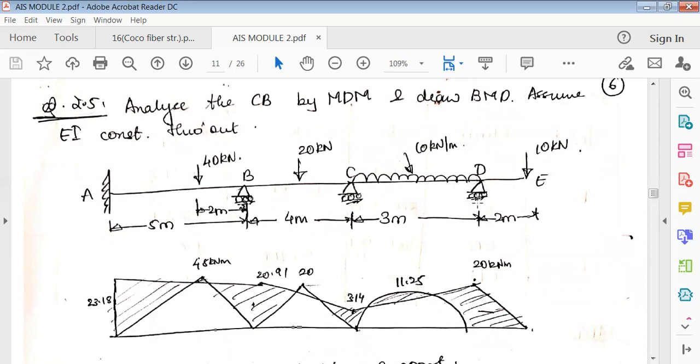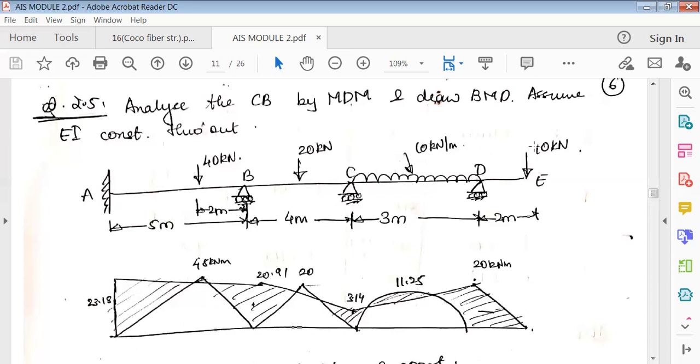But the only thing here is at D, you should treat this like a simply support. So AB, BC, CB is 4EI by L, CD would be 3EI by L, whereas DC is 4EI by L.